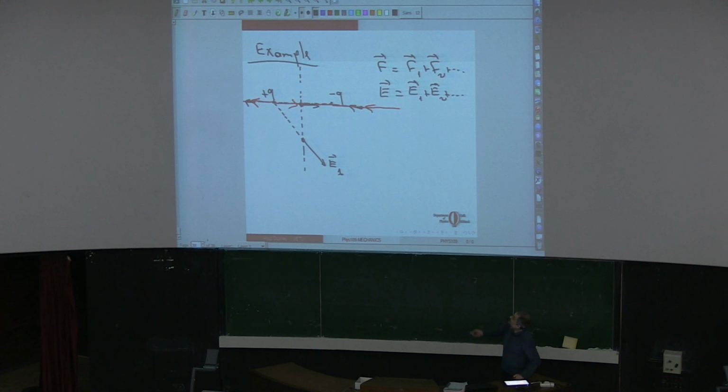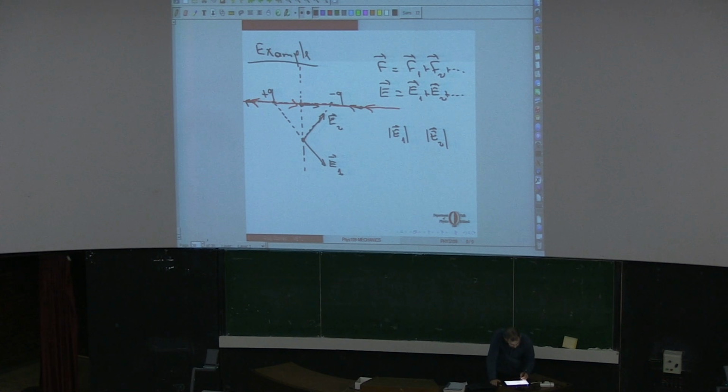The electric field created by the negative charge will be towards the negative charge. What can you say about the magnitudes of these two fields, E1 and E2? Are they equal? Is one of them larger? Or we cannot say anything about the magnitude.